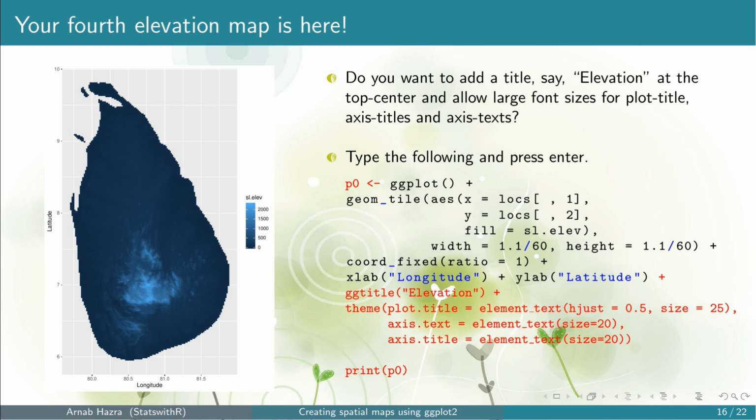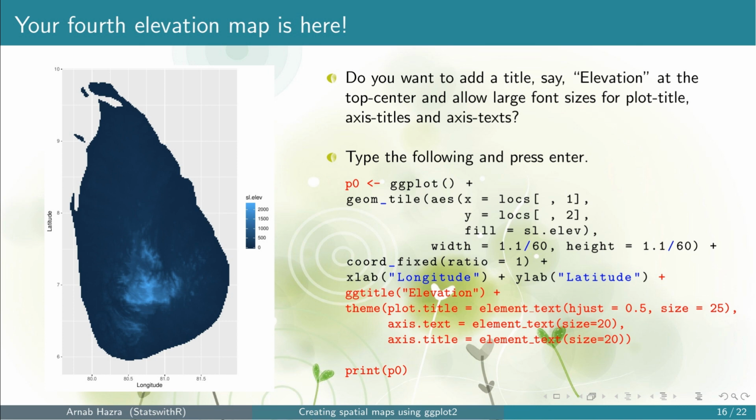This places the title at the center. Size equals 25. This enlarges the font size of the title. Further, axis.text equals element_text, size equals 20. This enlarges the font size of the latitude-longitude values on the axis. And axis.title equals element_text, size equals 20.